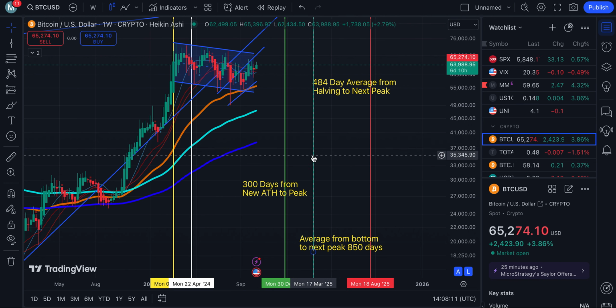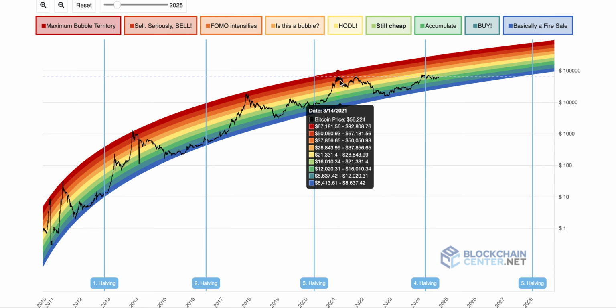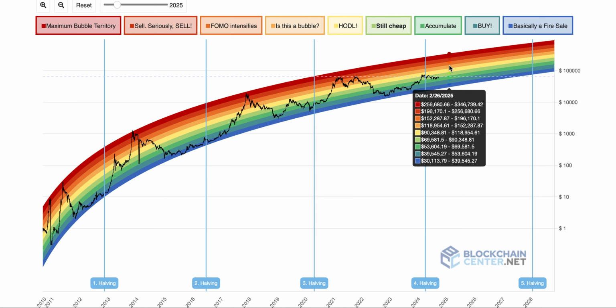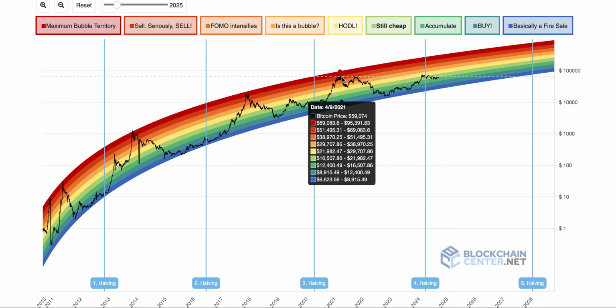And by the way, that March peak, you know what 4-year cycle that would show? That would show 4 years from this top we had in 21, the alt season top, to the next top. So March, April, that's when we had alt season. To me, that's when the true crypto top was. That would show 4 years from there.